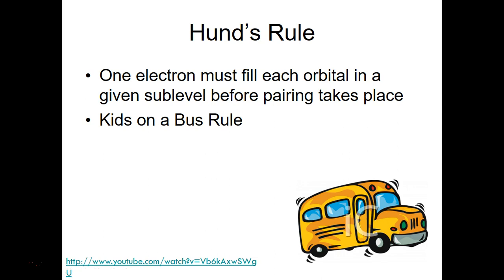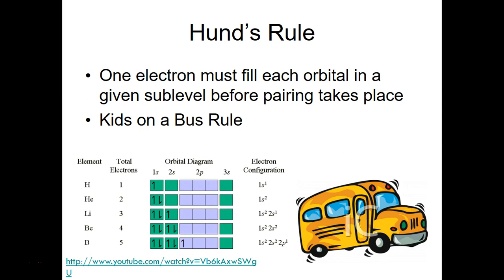Finally, Hund's rule says that one electron must fill each orbital in a given sublevel before any pairing takes place. And we call that the kids on the bus rule. Now, when I was a kid, my bus driver would only let kids start to pair up in seats once all the seats had one kid in them.